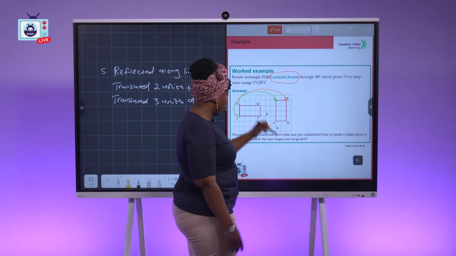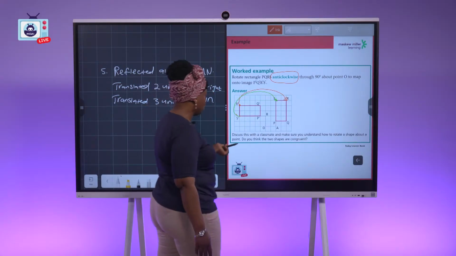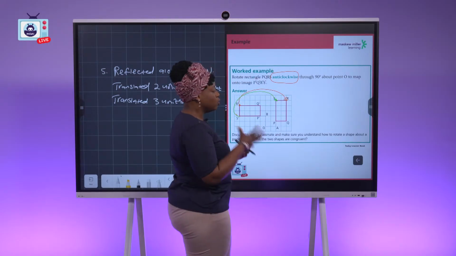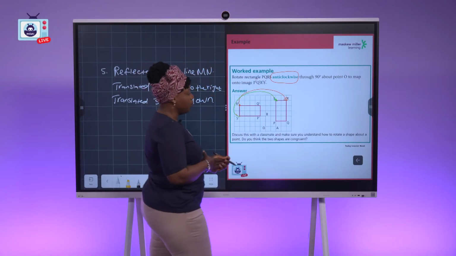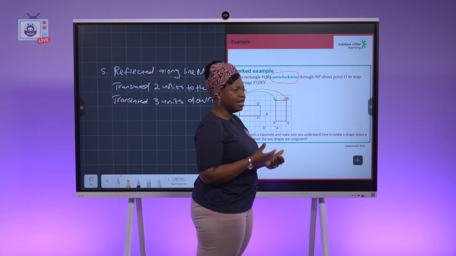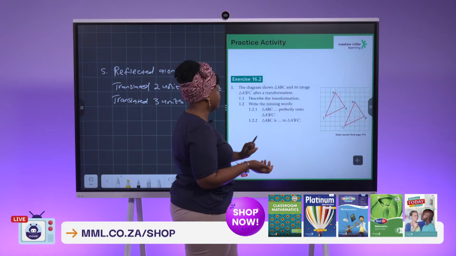So that is what we mean when we talk about rotation and anti-clockwise. For this, you would need to try and do some practice, then you will be able to see. Again, you can find this in our textbooks, Today's Classroom, Spot On, as well as Platinum.